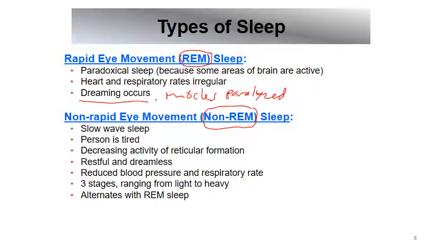Then the non-REM sleep, we go into this after the REM sleep and then go into the cycle of REM, non-REM. During this time, the person is able to actually walk around because the muscles are not paralyzed. So sleepwalking can occur here, bedwetting, night terrors, meaning the person's acting out their dreams.